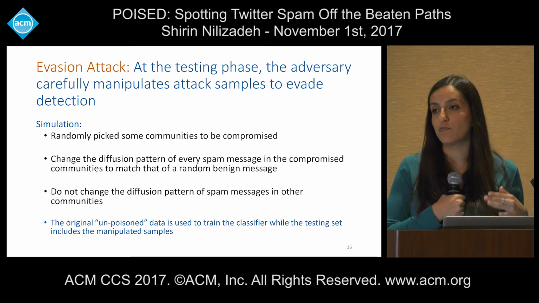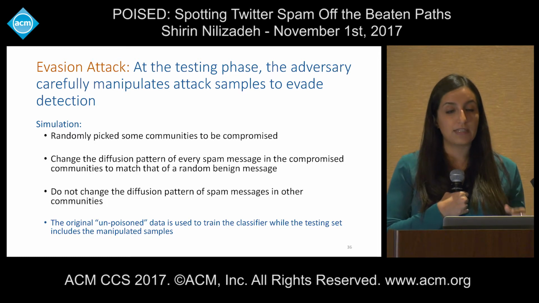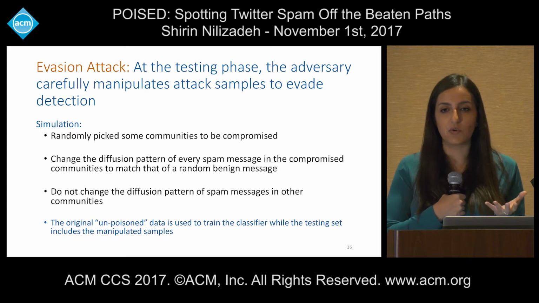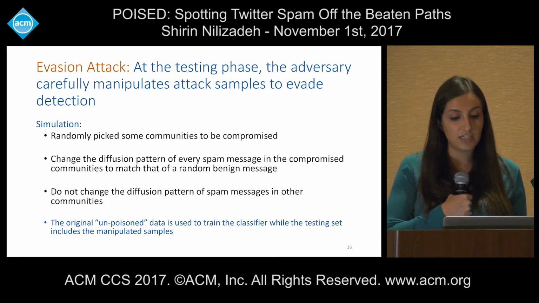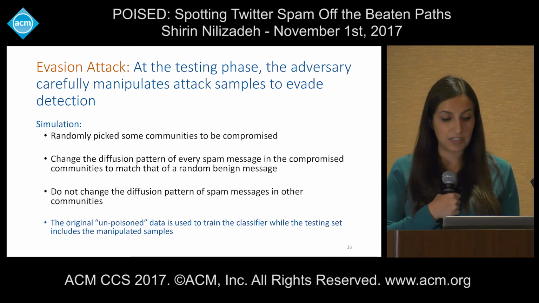So the simulation would be the same, but for the training set, we don't have this noise. We are using unpoisoned original data, but on the testing set, we have this noise.